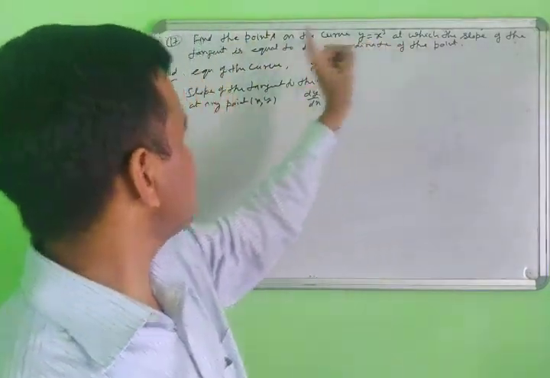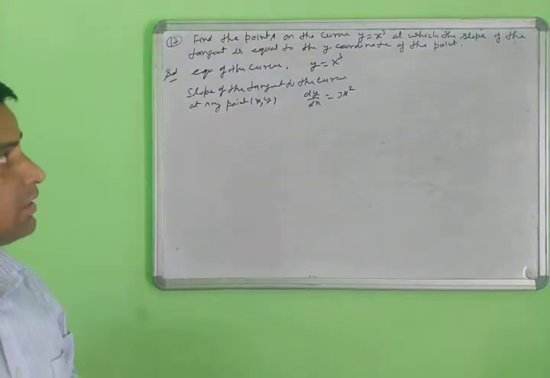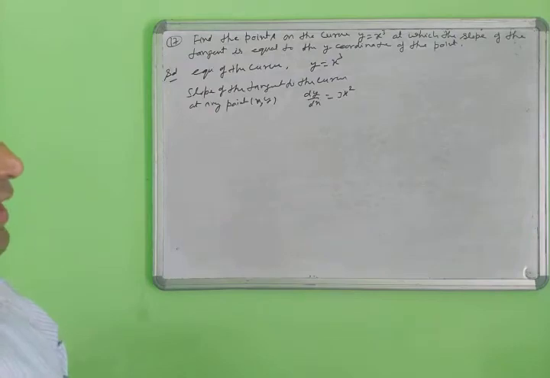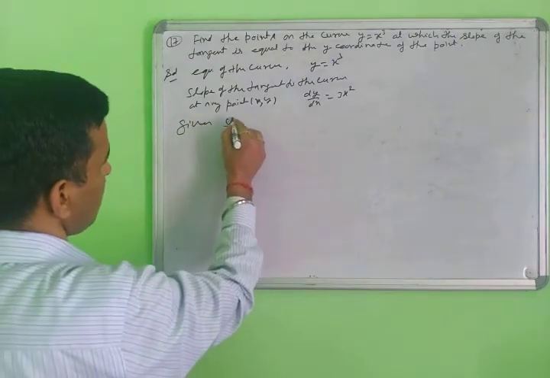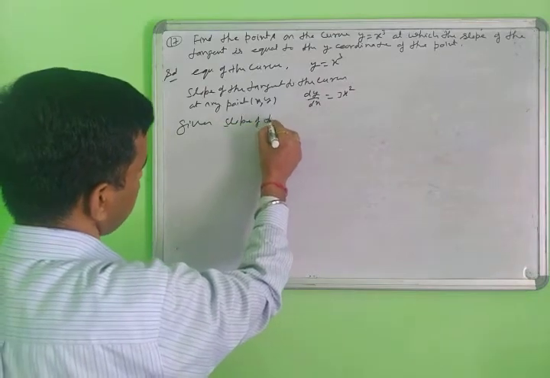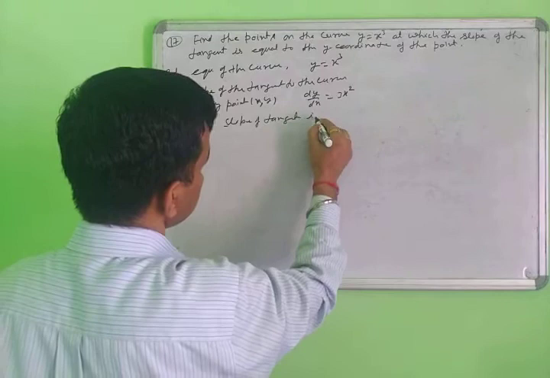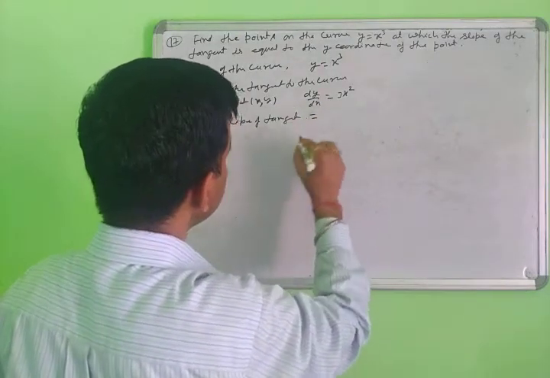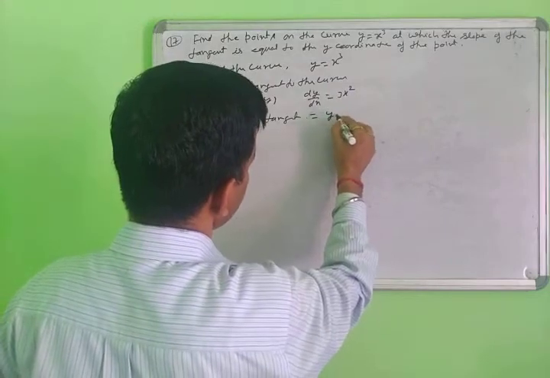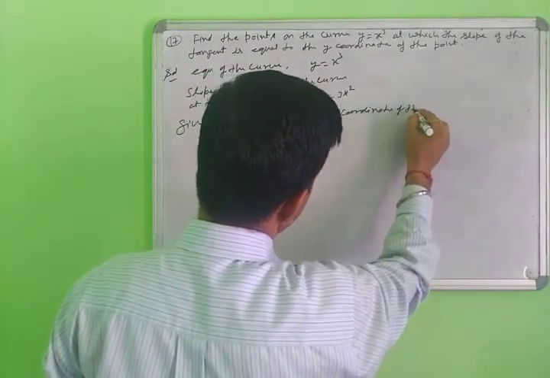Next thing given: the slope of the tangent is equal to the y coordinate of the point.